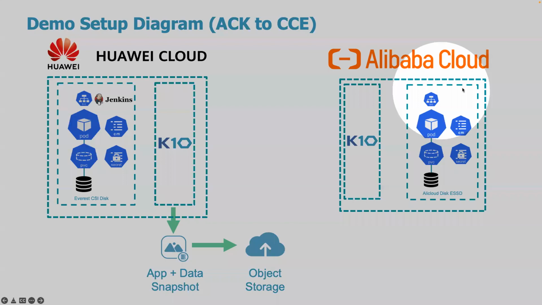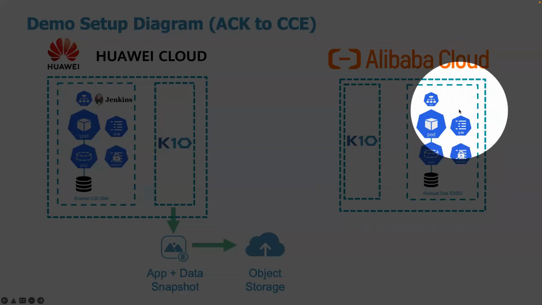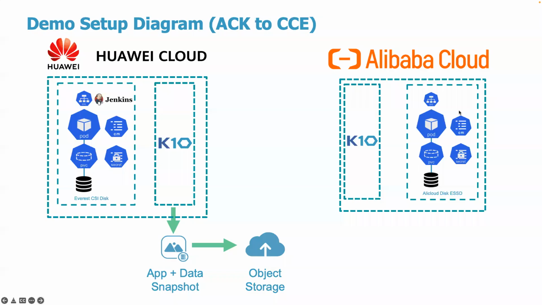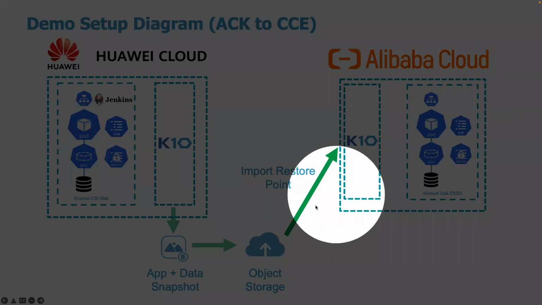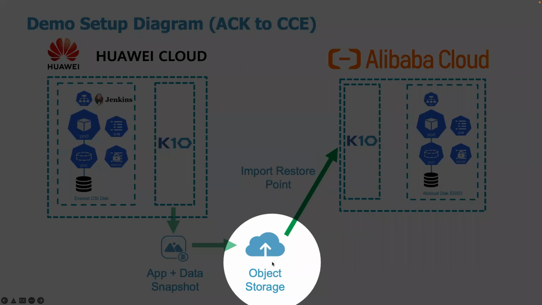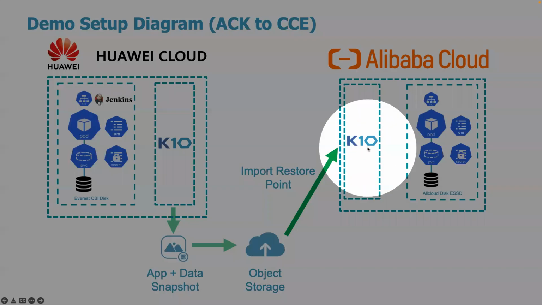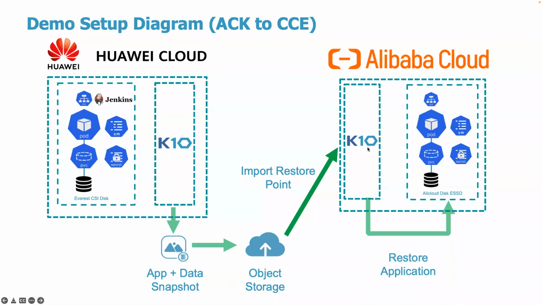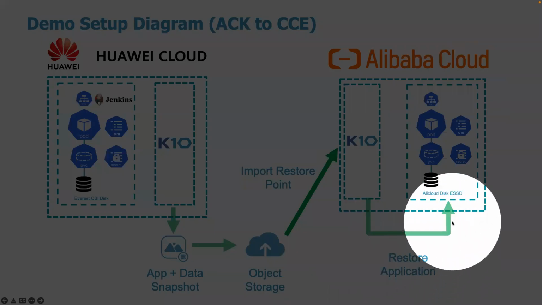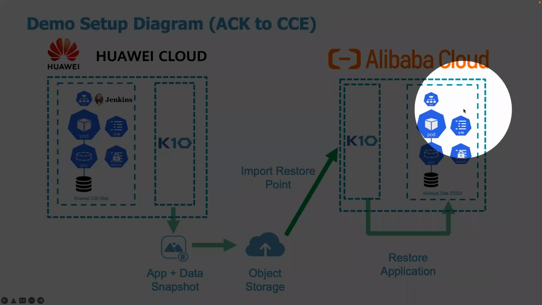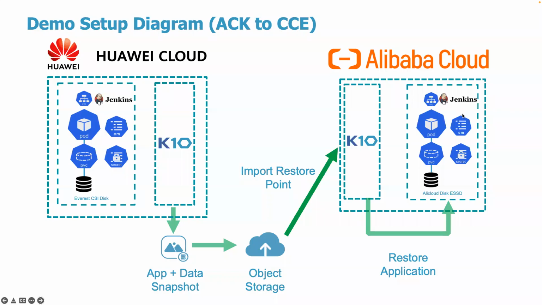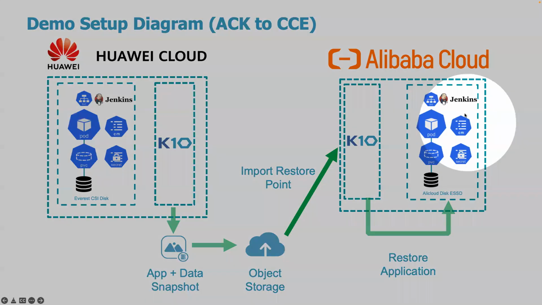On the right-hand side, you can see I don't have Jenkins here. So the first step is to import the data. I will read the data from the S3 object storage bucket, and after I read the data, I will do the restore of the containers. After the restore job is done, Jenkins will be available on my target cluster.